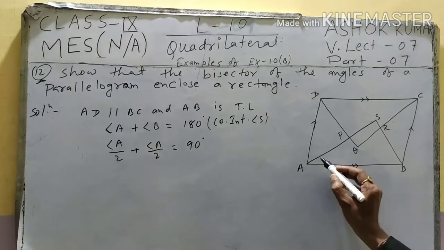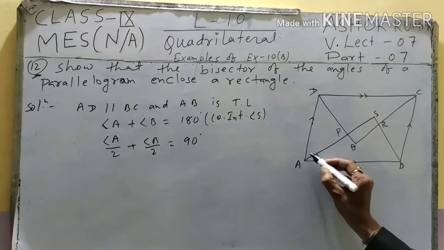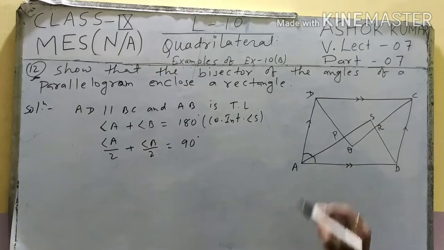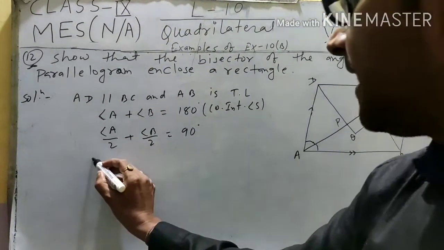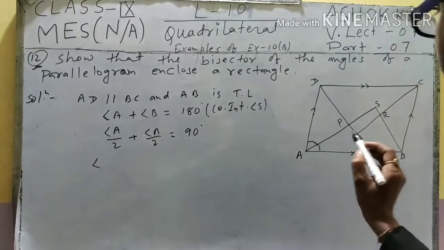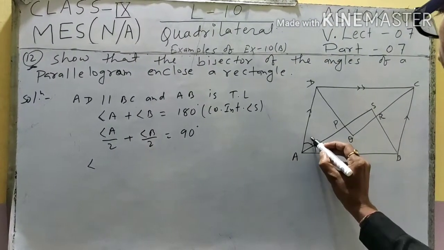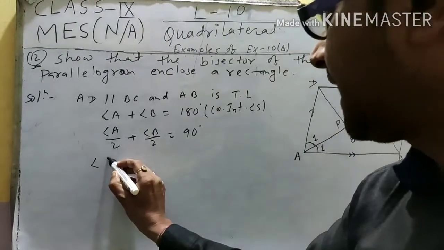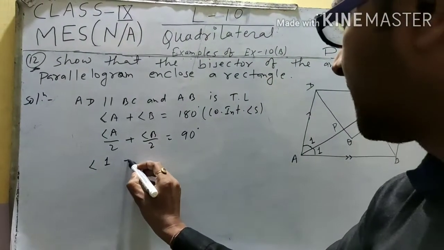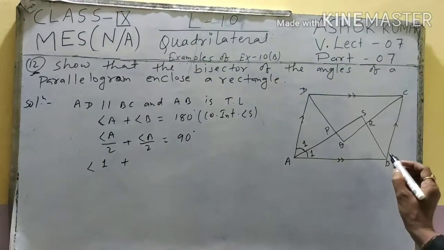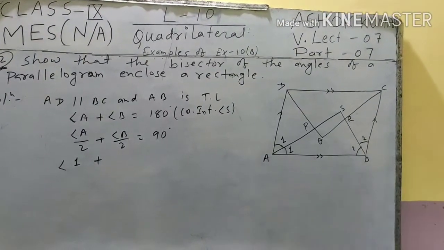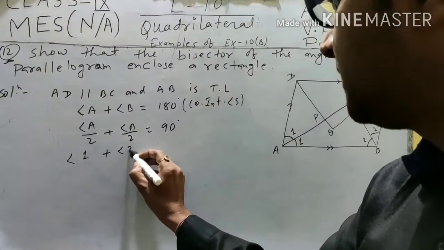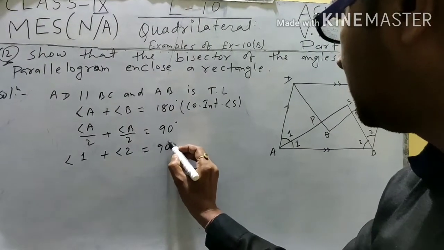Angle A by 2 can be written as this angle; suppose this angle is 1 and this angle is also 1. So angle 1 plus angle B by 2, which is angle 2. Angle 1 plus angle 2 is equal to 90 degrees.